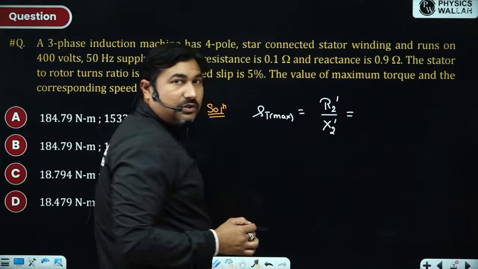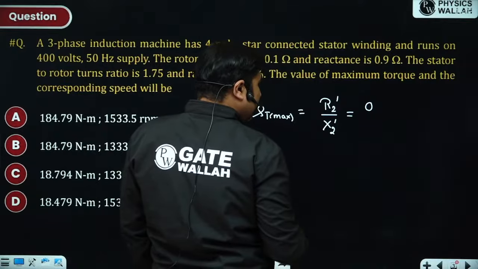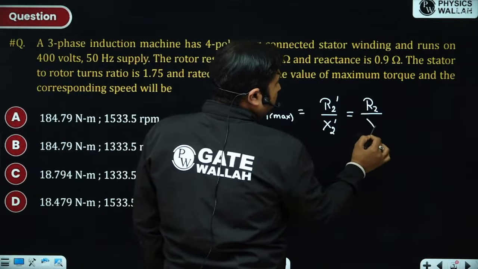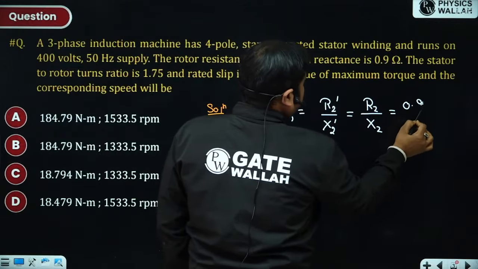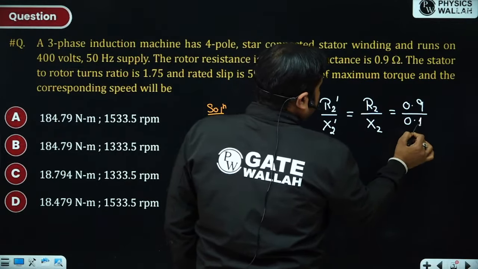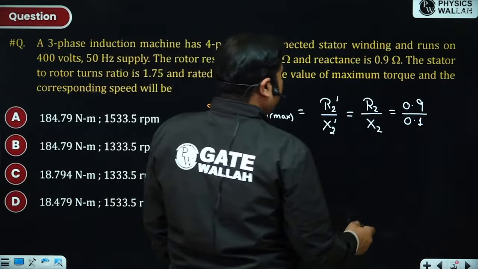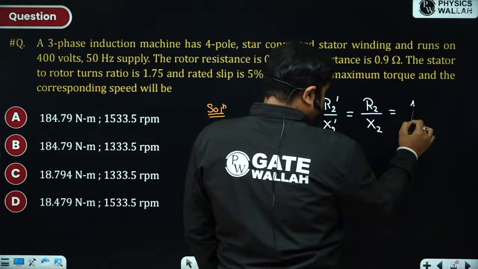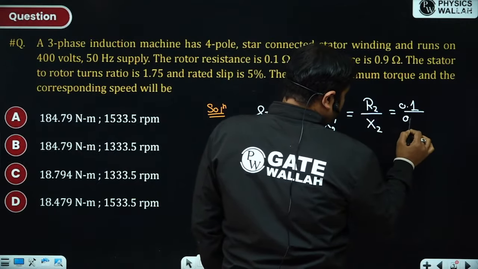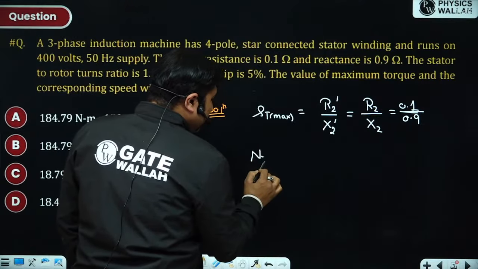However, we need not refer it because already rotor resistance and reactance are given, you can even write it in terms of R2 by X2 because both are going to be multiplied by A only. So this will become 0.1 by 0.9, where 0.9 is the reactance and 0.1 is the resistance.